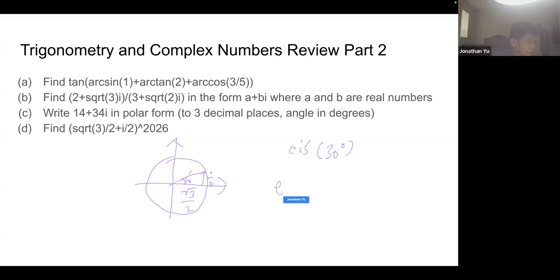So we take e to the i pi over 6 to the power of 2026.